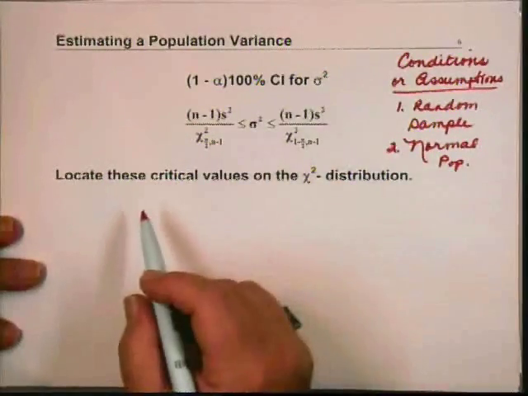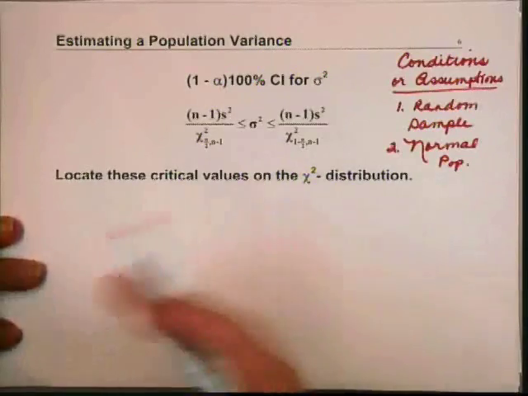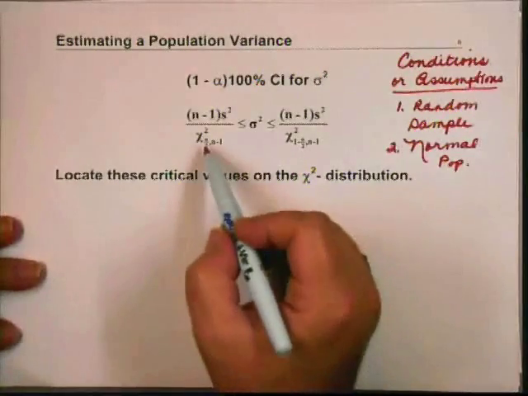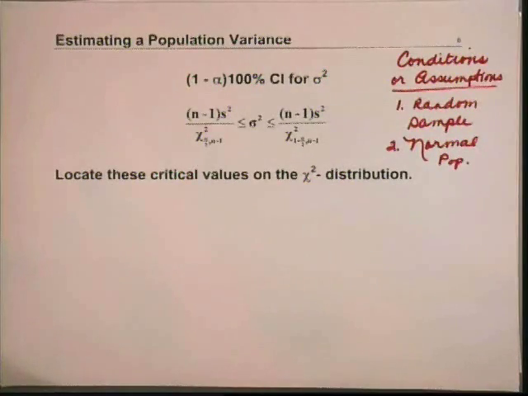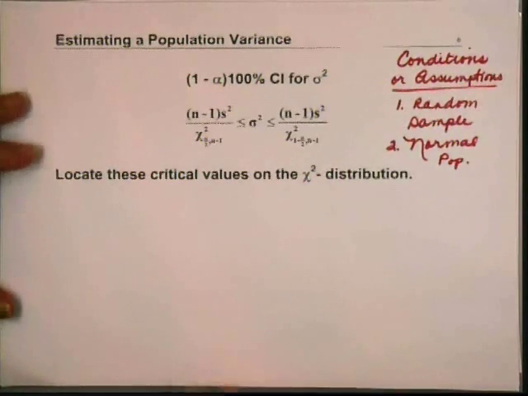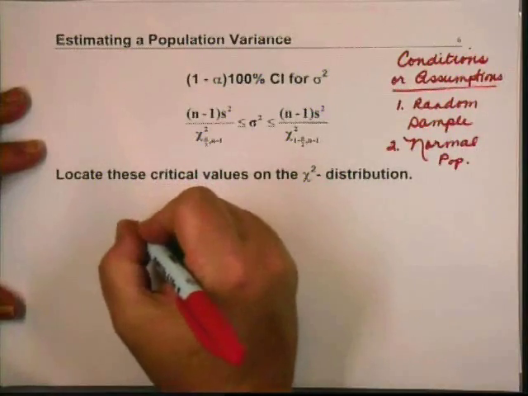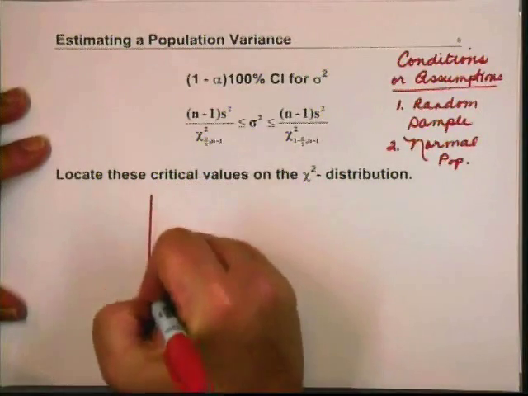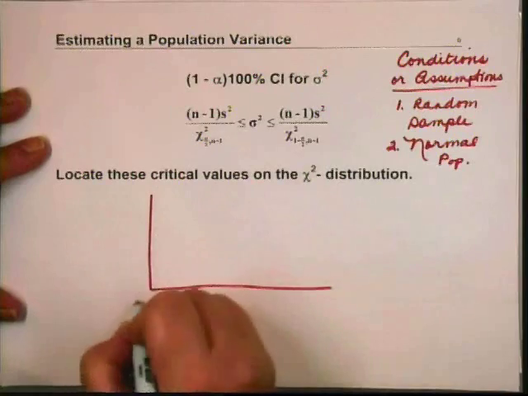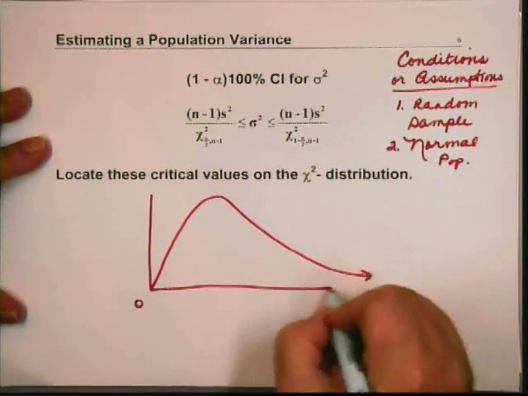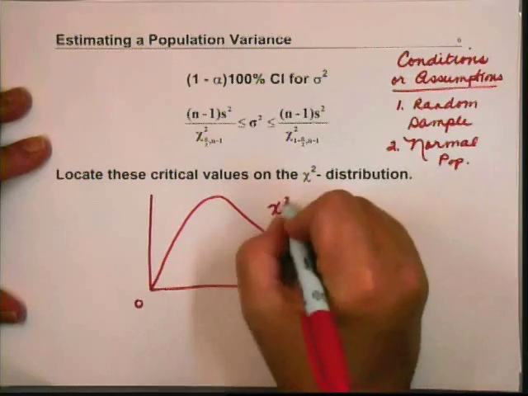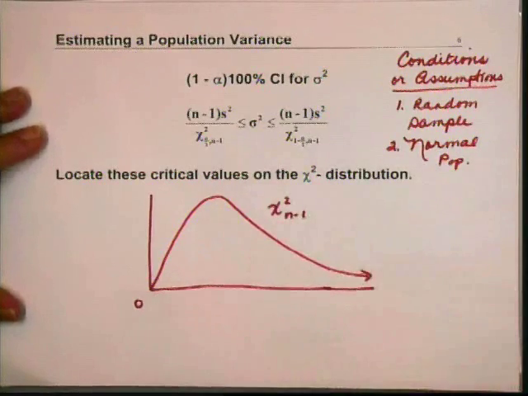Where are these on the distribution? Because when I first looked at this in your position, to me it looked like these denominators were wrong. I thought they appeared switched, but they're not. Okay, so let's look at where those critical values are. So what we're finding here, this time I want the chi-square distribution with n minus 1 degrees of freedom.